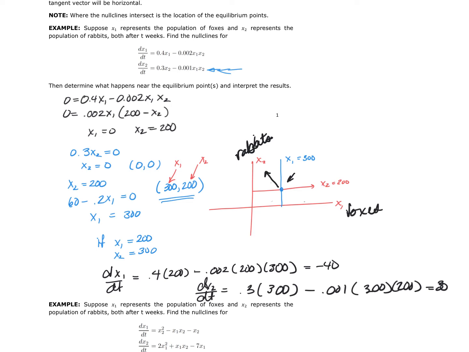Down here in my lower left quadrant, as my foxes increase, my rabbits are also increasing to that equilibrium point. And then in this lower right quadrant, I ended up with a negative in the x sub 2, in the rabbits. The rabbit population is decreasing as the foxes increase.